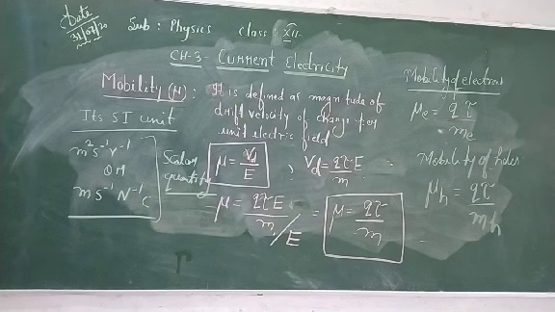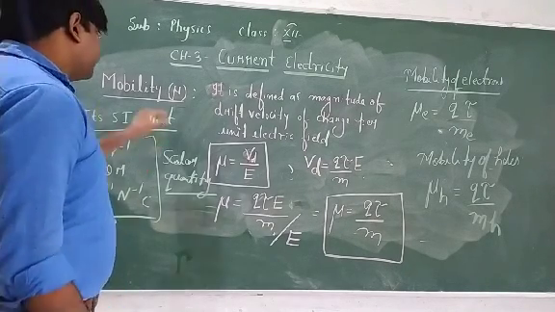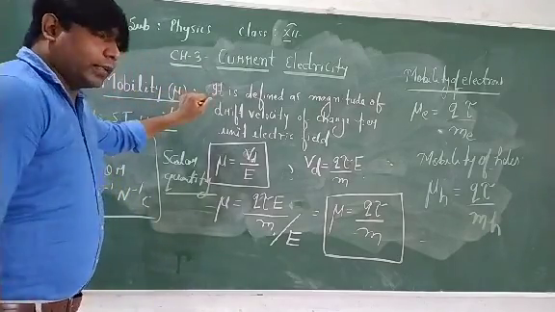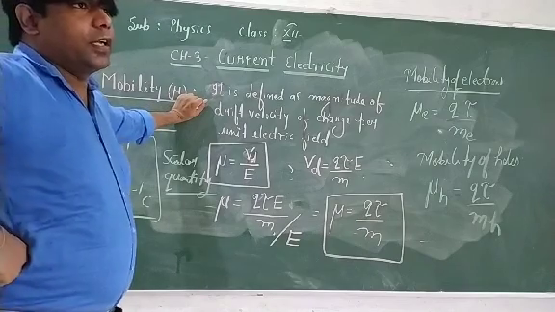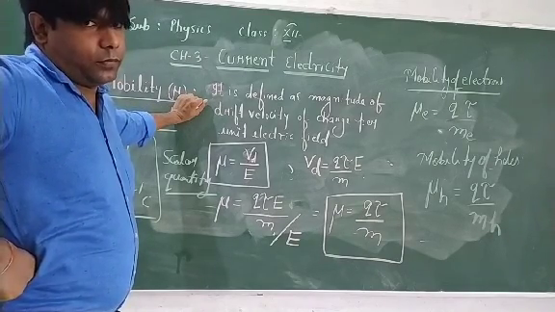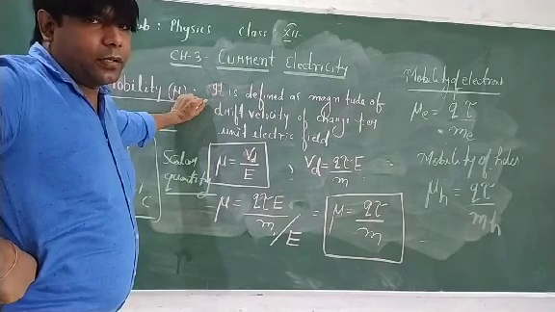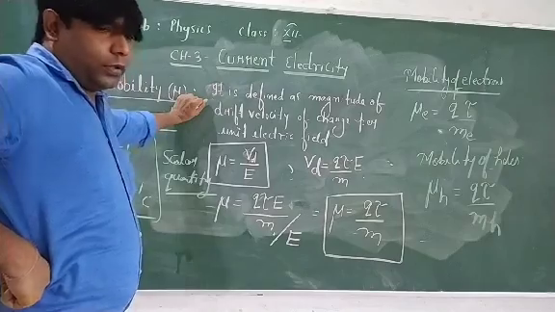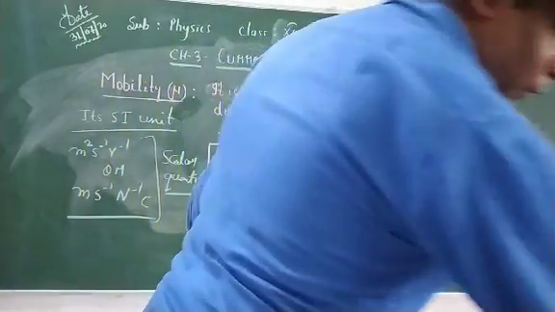Now we have to establish the relation of electric current with the drift velocity. Electric current is I, the velocity is v. So we derive it.